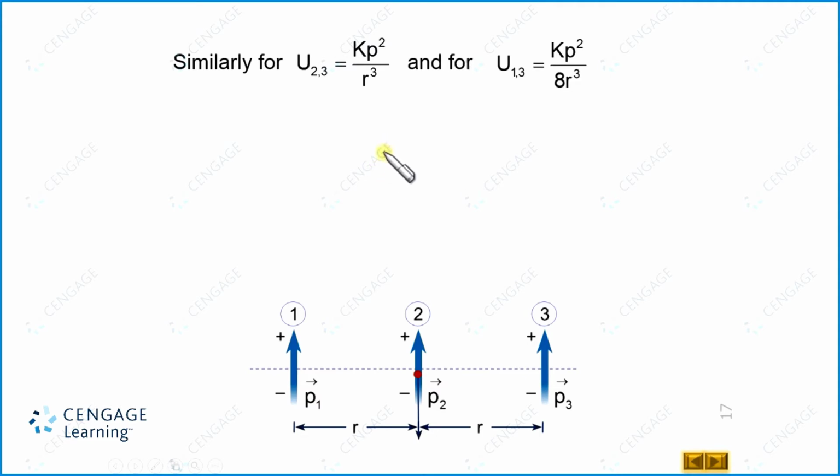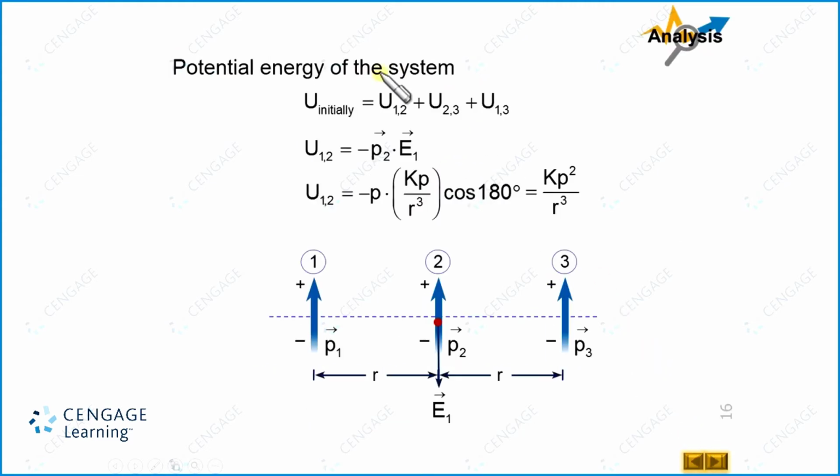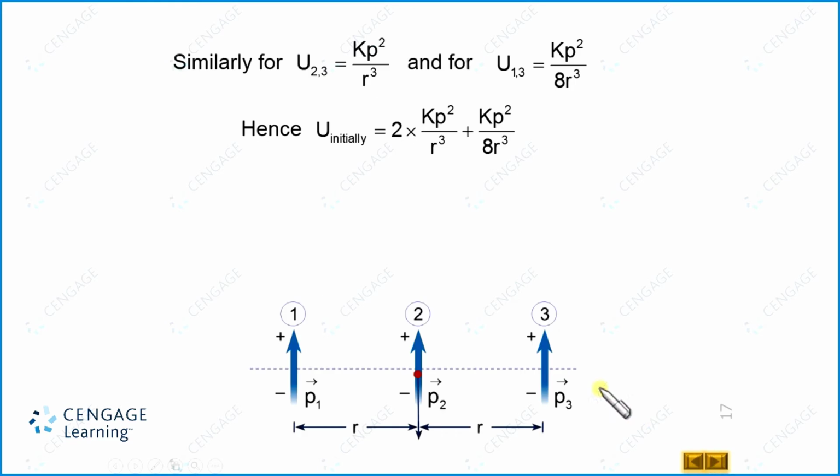Okay, so we calculated the potential energy associated with 1-2, 2-3 and 1-3. Let us substitute in this expression. So we got this relation. Now we can add these values. This is equal to 17 kp square divided by 8r cube, and we are given that the potential energy associated with the initial configuration is U naught.